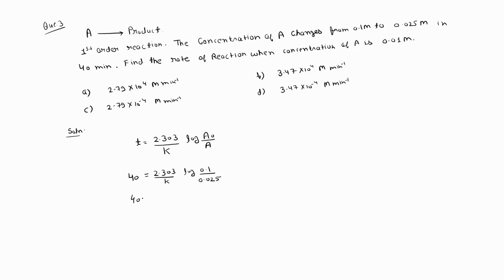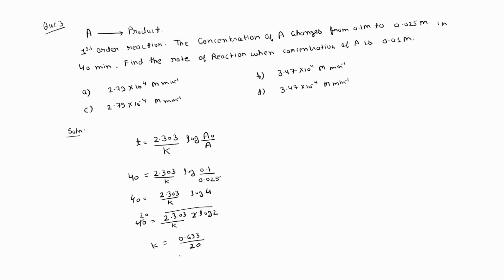So 40 is equal to 2.303 divided by K log 4. Log 4 is 2 log 2. So 2.303 divided by K times 2 log 2, the 2 and 20 work out, and 2.303 into log 2 is 0.693. So K is equal to 0.693 divided by 20, which is the rate constant.